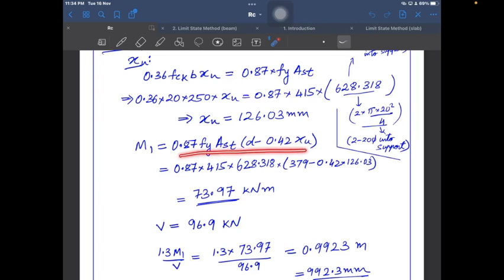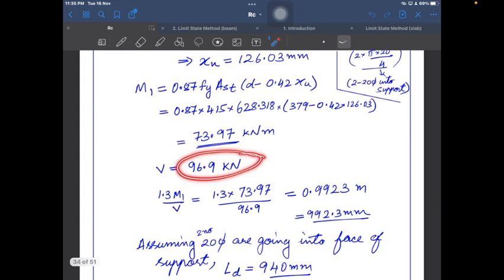This formula I guess you know: 0.87 fy Ast, and this is lever arm. Using this formula I've got my M1 at support, and at support my V I have got from my coefficients from the table above.